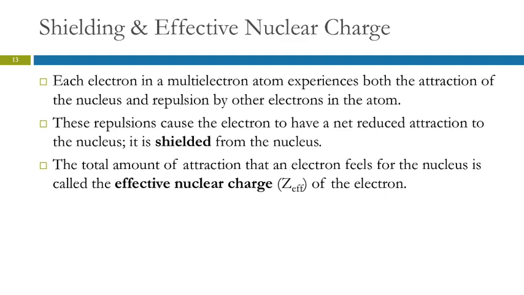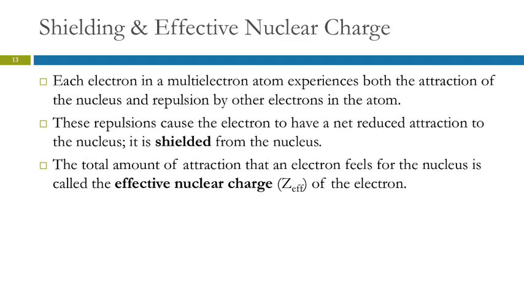So when we're looking at the electrons in an atom, the electrons are attracted to the nucleus. The nucleus is positive, the electrons are negative, so there's an attraction there. But the electrons are repelled by the other electrons around them because negative and negative, like charges, repel each other.